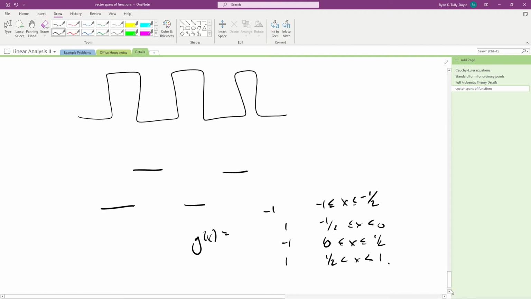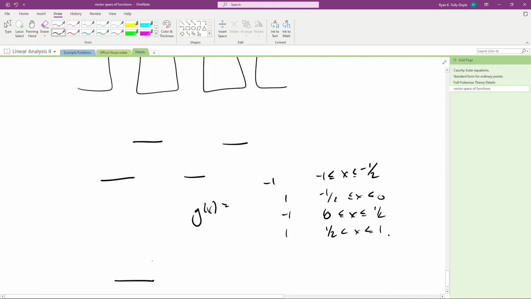And you would get a graph out that went like this, where this is 0, this is 1/2, and this is -1/2.